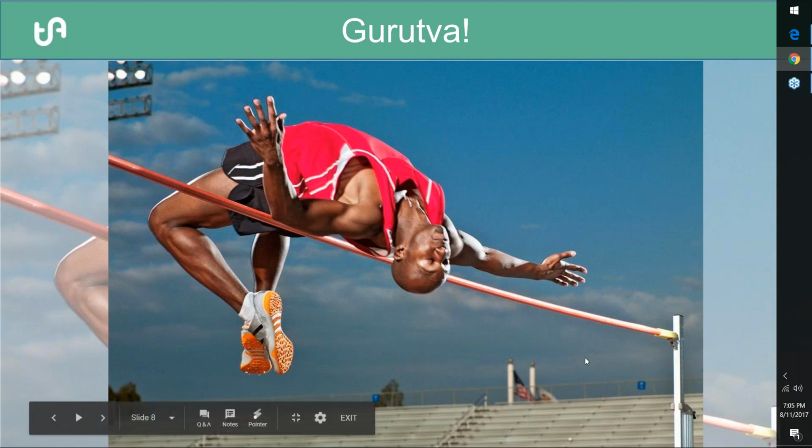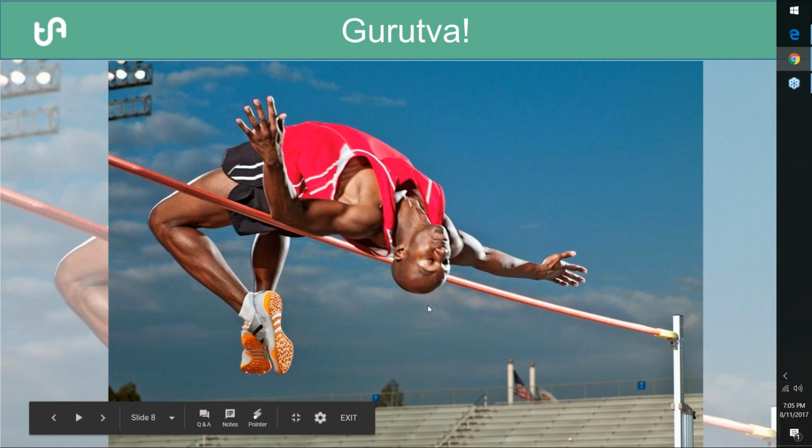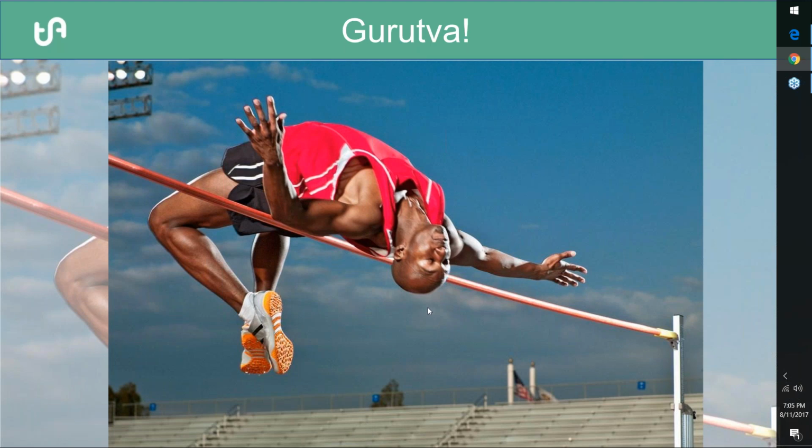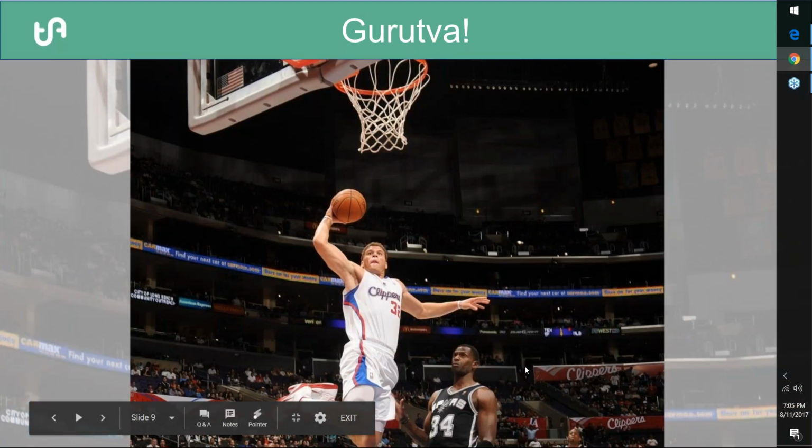This is a very unique sport in the Olympics called the high jump, and basically the athlete runs and then jumps up and has to flip his or her body over this bar, and once again there is the same force that is being applied on the athlete, and it eventually brings the athlete back to the ground. And of course, basketball, one of my favorite sports.